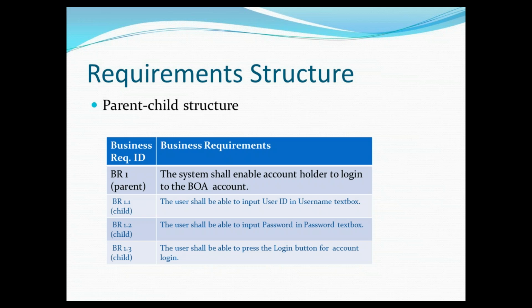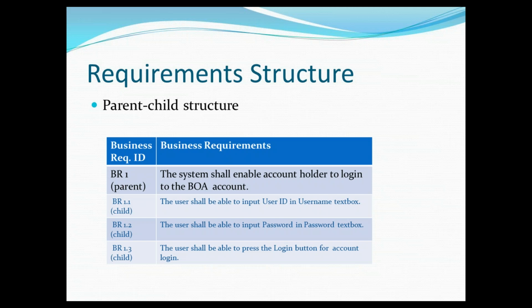Of course, there are some more checks and balances beyond this. The account holder or the subscriber has to input the right username and the right password and everything, but that's another step. Until and unless you tell the developer that there have to be two text boxes for username and password and then a button for login, programmers will not write the code.